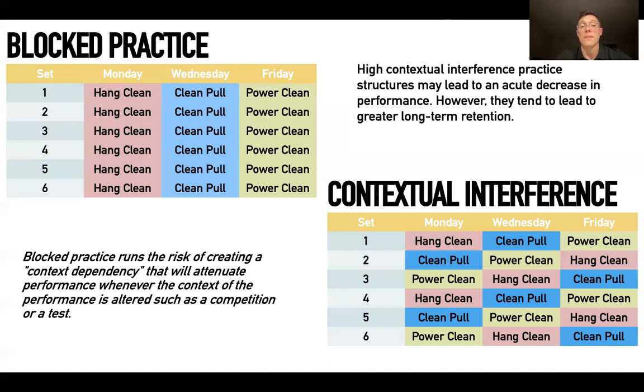So that's the main reason why we decided to go with a contextual interference approach with Danny, where there is a potentially temporary decrease in performance at first, but long term, it's going to help with motor skill acquisition and long-term retention.